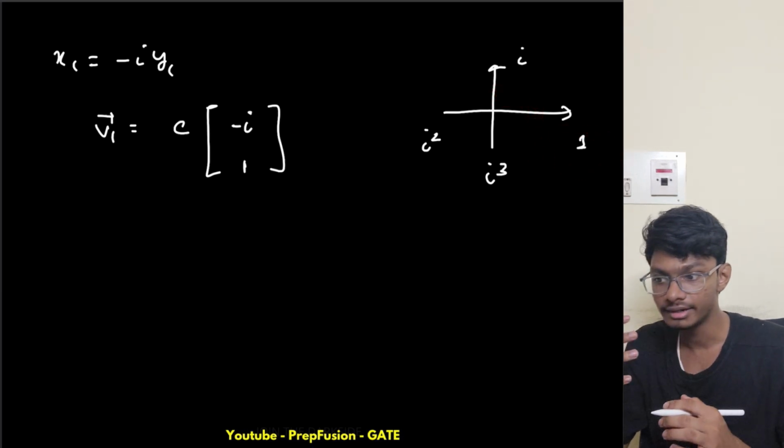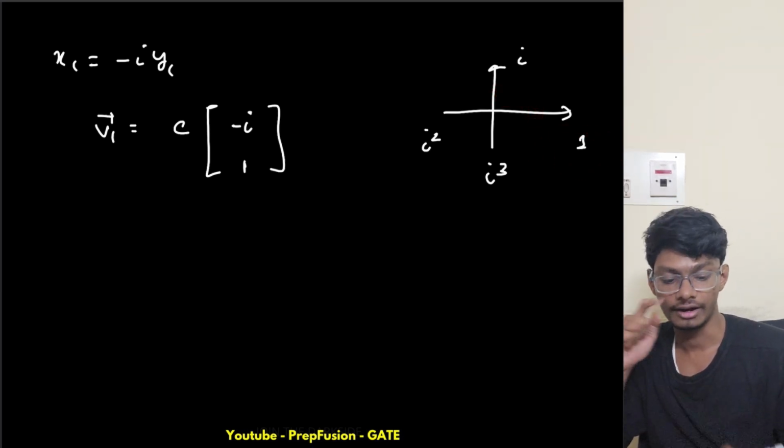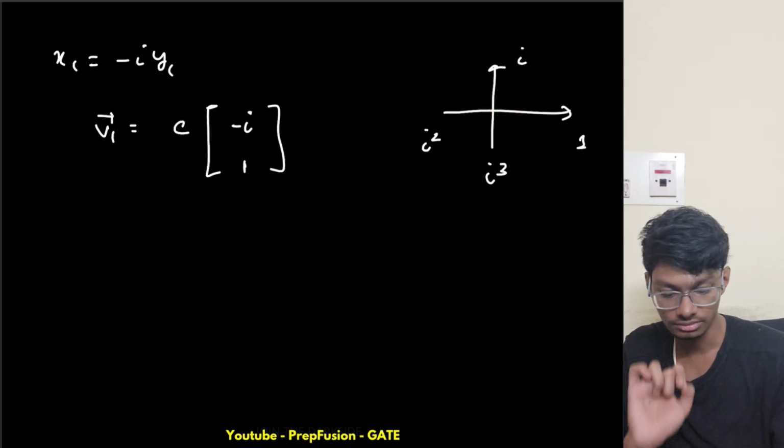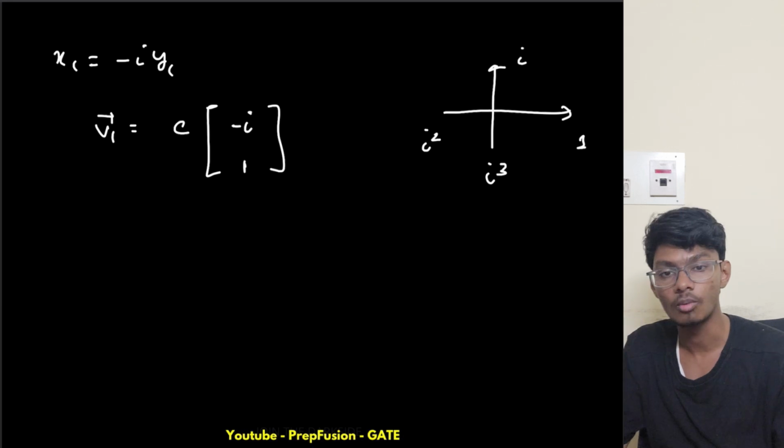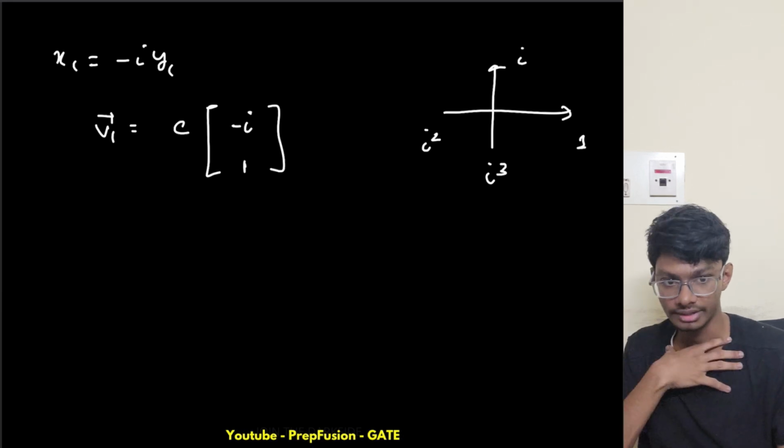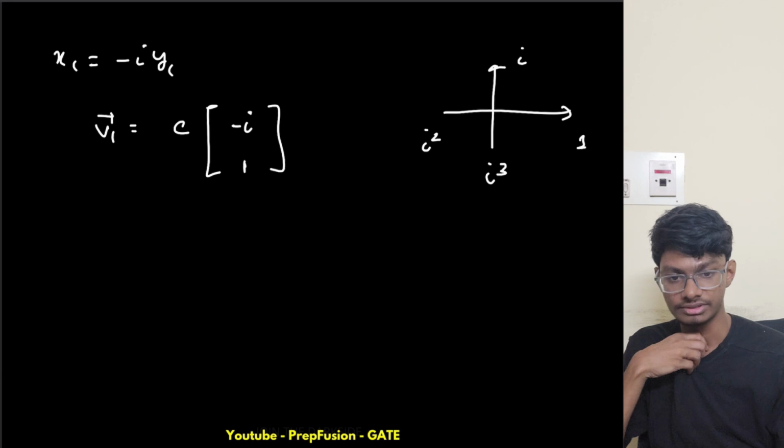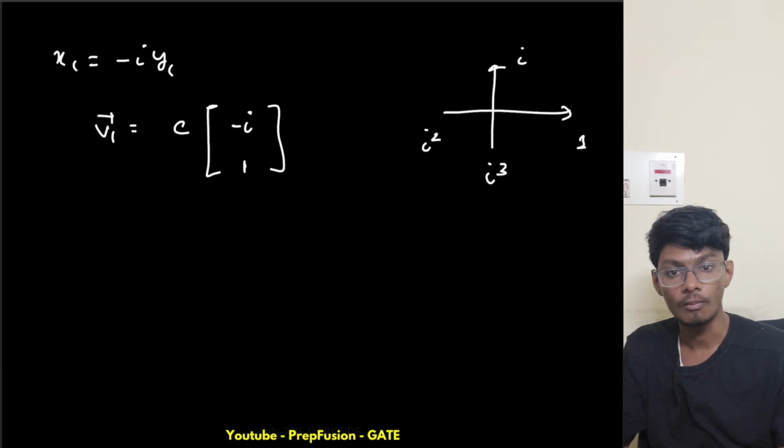So to get the vector, I have to rotate by 90 degrees, which is only possible on the complex axis. So in our case, for complex eigenvalues we get complex eigenvectors. That is the main important factor.